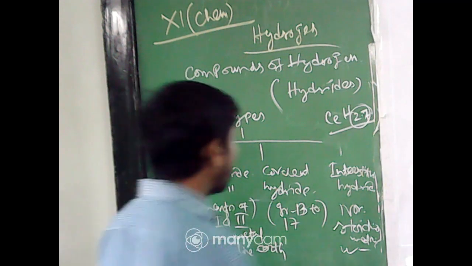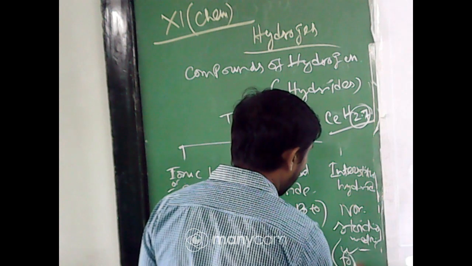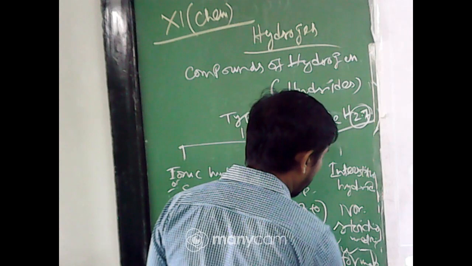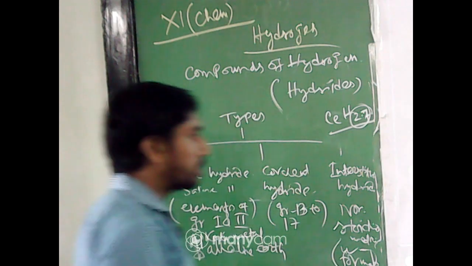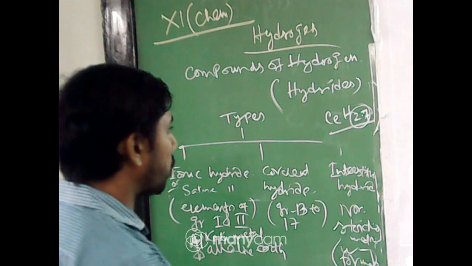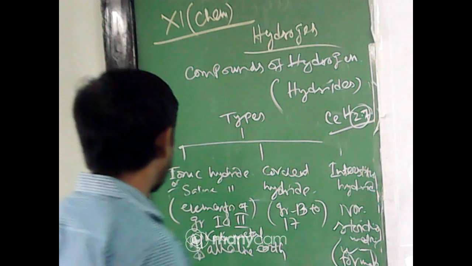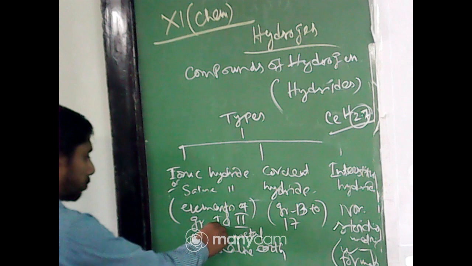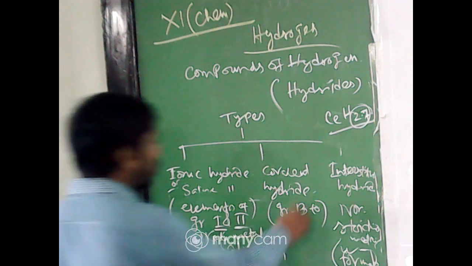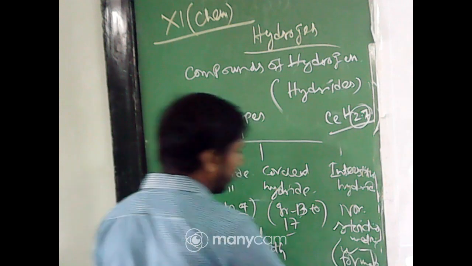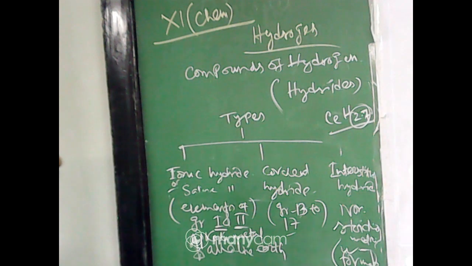And interstitial hydrides are formed by D block elements and also by some metals. So ionic hydrides are made by group 1 and group 2, covalent hydrides by group 13 to group 17, and non-stoichiometric ones by the D block elements.